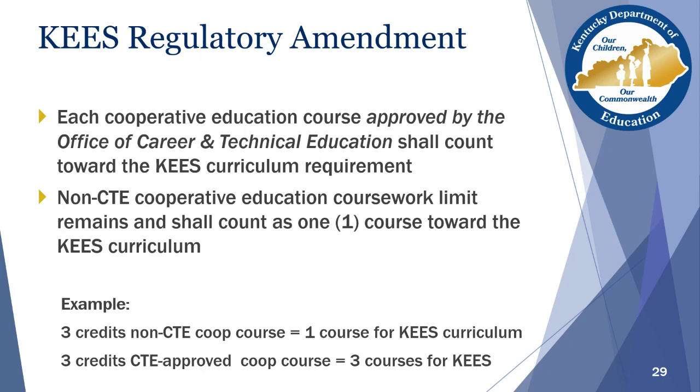Now, if a student takes 3 credits of CTE approved co-op courses, so if they're co-oping for 3 hours a day, they would actually get 3 courses counted towards Keys money. So that's really going to help them as far as Keys money is concerned. So another incentive to get students involved in co-oping with your local industry and local employers.